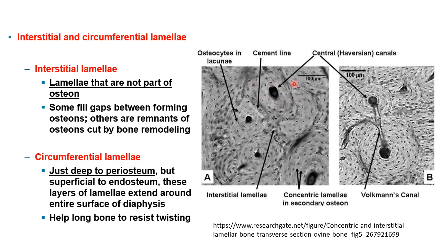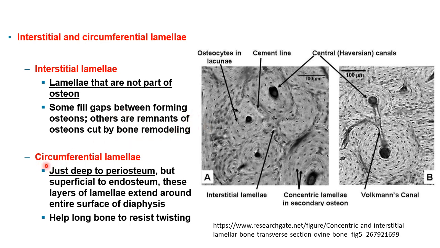Besides the lamella that are part of this osteon, you also have this interstitial lamella found between these osteons, not part of the osteon itself. As you see in the description here, some are going to fill the gap between these osteons.